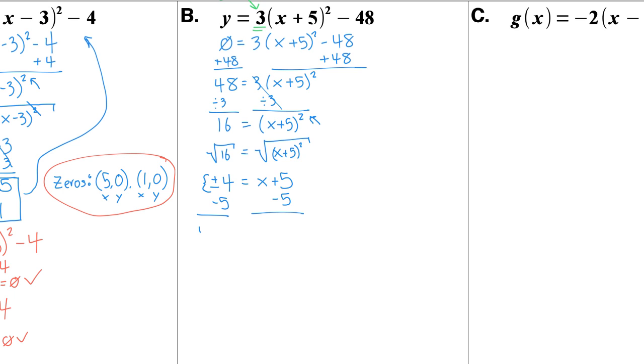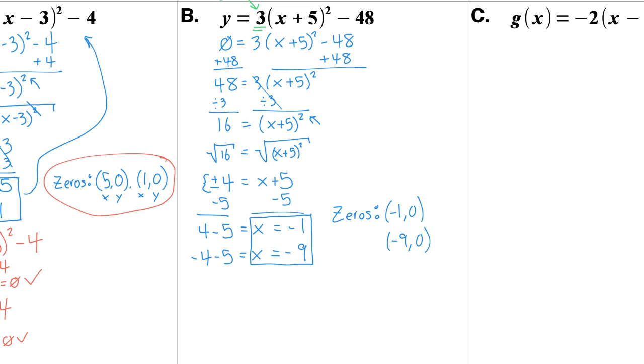So we have positive 4 minus 5 equals x, and we have negative 4 minus 5 equals x. 4 minus 5 is negative 1. Negative 4 minus 5, we're going more into the negatives, that is negative 9. So those are our x-intercepts. Again, as ordered pairs, we might write this as (negative 1, 0) and (negative 9, 0).